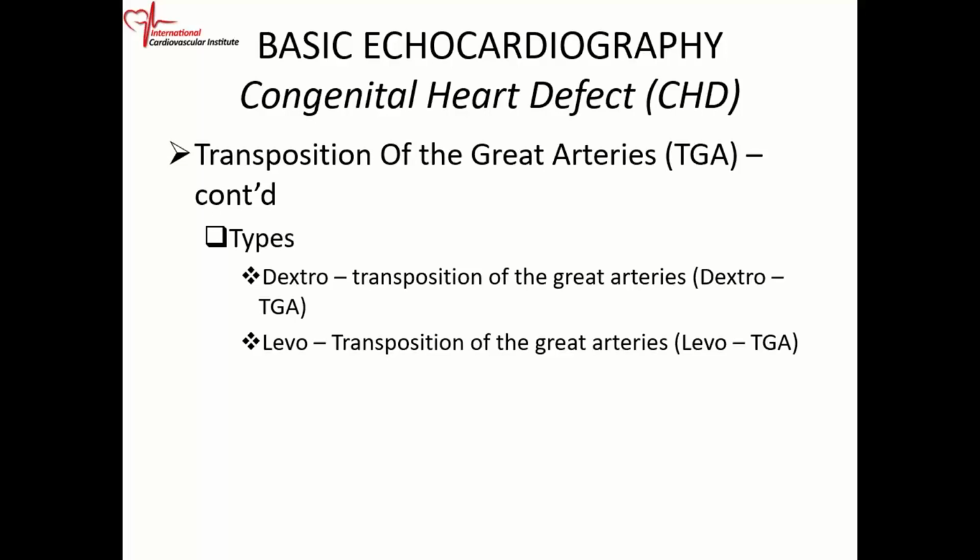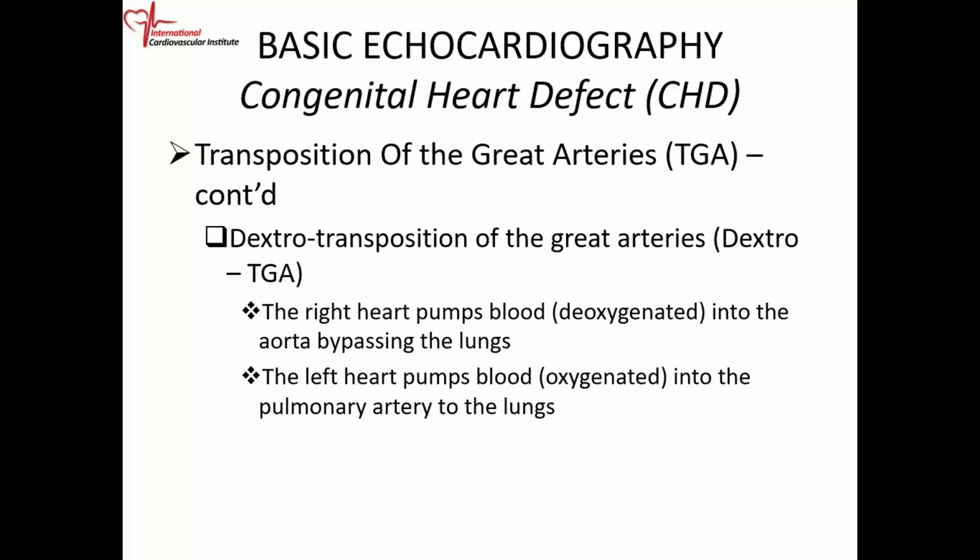So you have the dextro transposition of the great arteries and then the levo transposition. So let's look at the dextro transposition. Again, when we say transposition, it's out of its normal position.